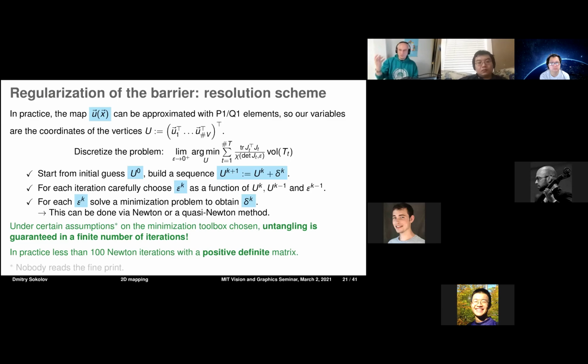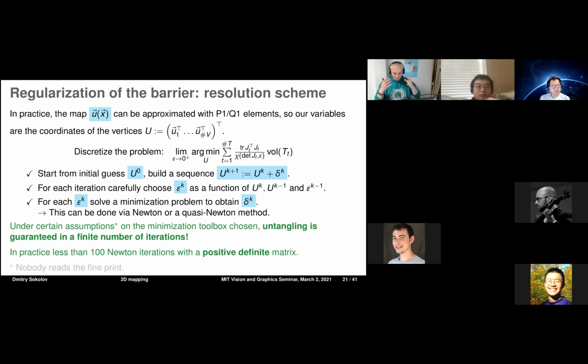And so, what do you mean by the admissible set here? The admissible set is determinant superior to 0 in every point. Okay. So a feasible set is where we have a valid inversion-free map. We have a theorem, a proof, that if we use our formula to choose the epsilon k, with an idealized, and this is very important, an idealized minimization algorithm, meaning it actually minimizes the energy.